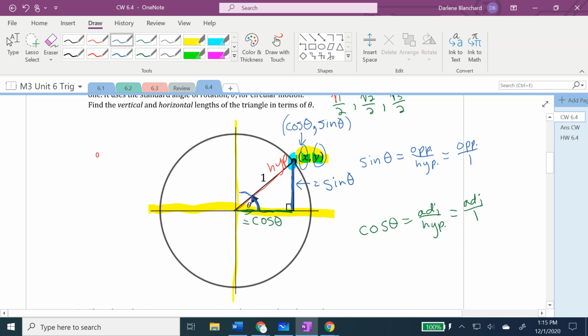Because I can take this right triangle and flip it over here, and the same properties are going on. If I mirror this triangle onto the other side, realize that this angle right here is theta, less than 90 degrees.